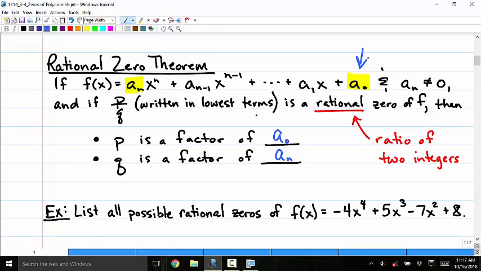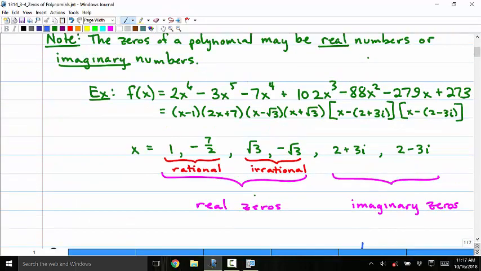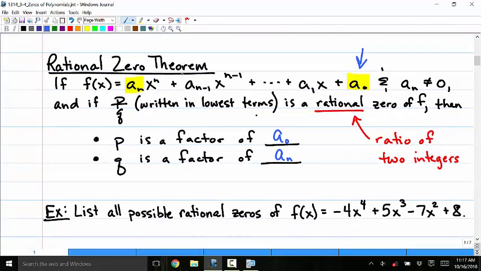How's that? So up here, a naught would have been 273. And a n would be 2. So the rational zero theorem says if you have a rational zero, the numerator has to be a factor of the constant term, and the denominator has to be a factor of the leading coefficient. Let's go see how you apply that.